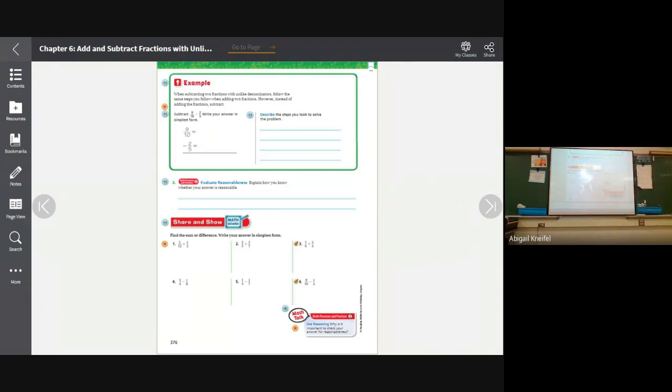8 and 11. First step, find your least common denominator.